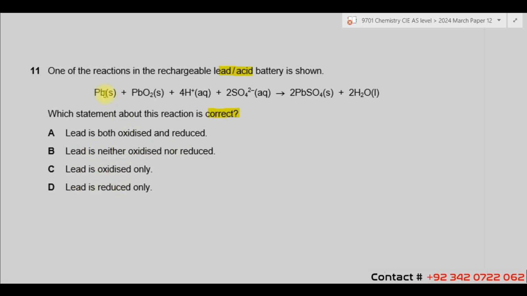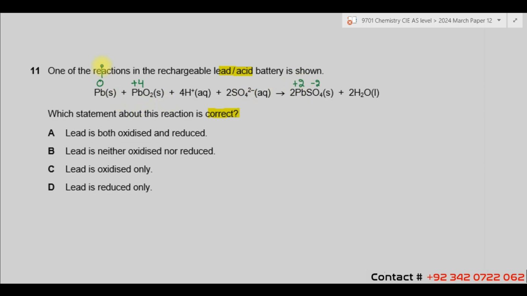So lead is Pb. Let's find out the oxidation states first. Pb is 0 in element form. Then we have PbO2, 2 oxygen is -4, so Pb is +4 as it is neutral. In Pb sulfate, sulfate is -2, so lead must be +2.